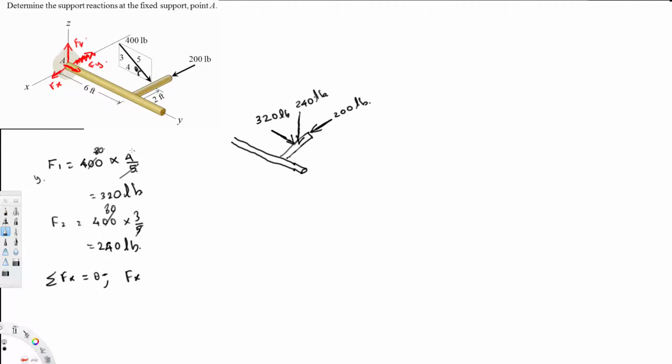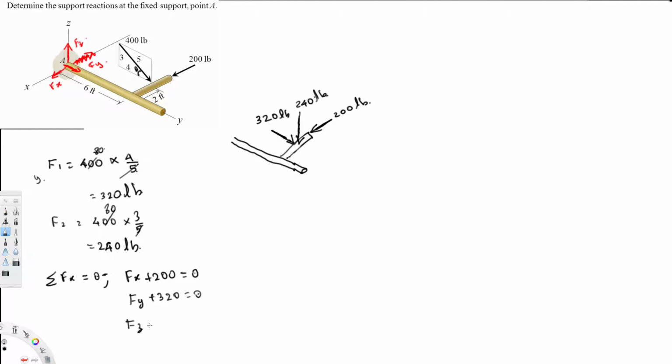And then we have another force in x, it's 200 right here. 200 is going along the x-axis, so it's going to be positive. Positive 200 equal to 0. And Fy is positive, I took it along the y-axis. And also we found that 320 is going along the y-axis, so it's going to be positive. So sigma Fy: positive 320 is equal to 0.